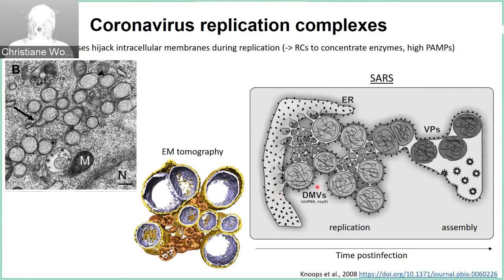And so these membranes are thought to help hide those patterns. And on the right, you can see as a time series, as time progresses, there are more and more membrane rearrangements, starting with rough ER and convoluted membranes, these double membrane vesicles, all the way to assembly.